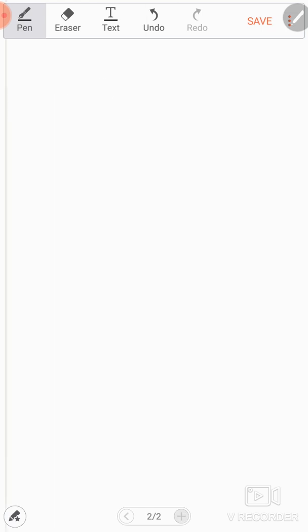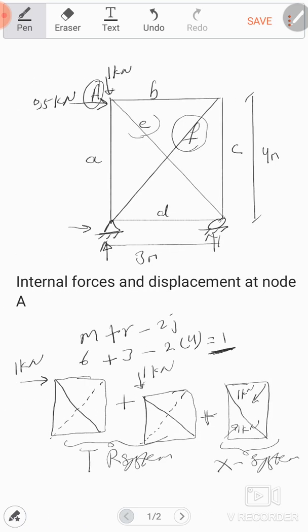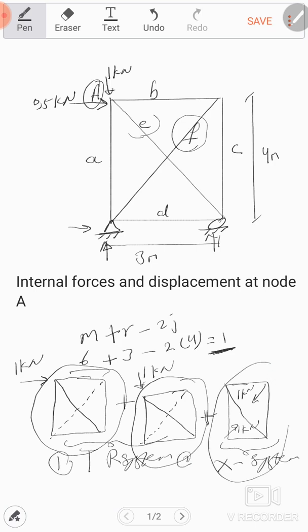So next we will solve the first drawing, this one, the first one, and then I will solve this one second, and this X system third. So let's start with the first shape.